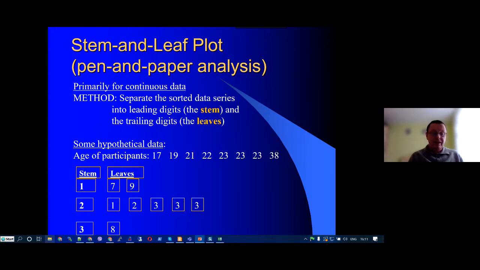In this case, we divide a part of the data series into leading digits, the stem, and trailing digits, the leaf. Here is an example of how we can depict the age of participants of a statistical experiment with stem and leaf, and it is actually very similar to a bar chart, but representing continuous data.